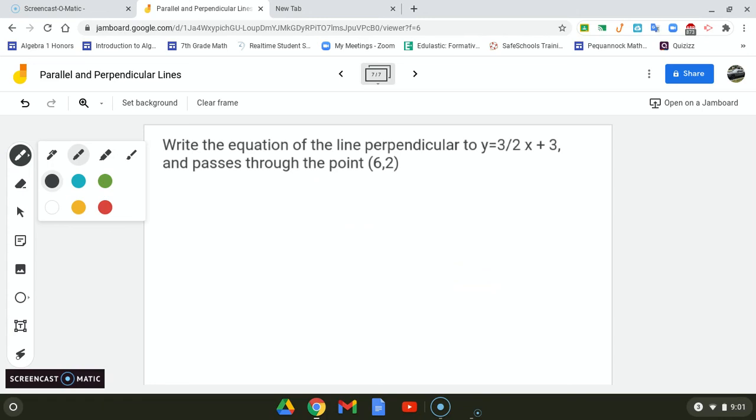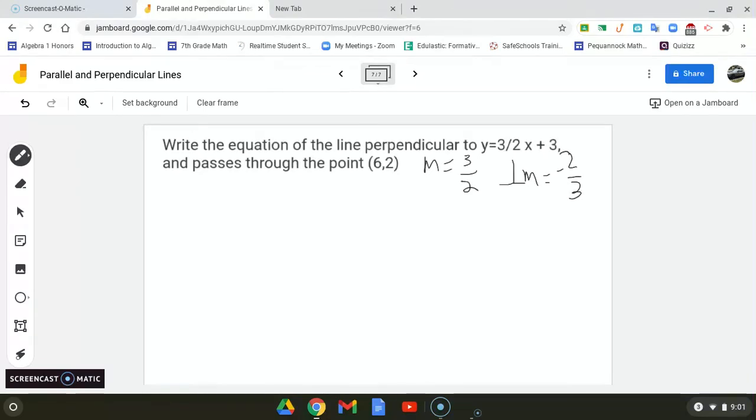So because the slope that we know is 3/2, the perpendicular slope is going to be negative 2/3. So now we know the slope. Our slope for our new line is going to be negative 2/3. We have a point, and now it's just like the problems we did before with parallel. So again, I'm going to use point slope form.